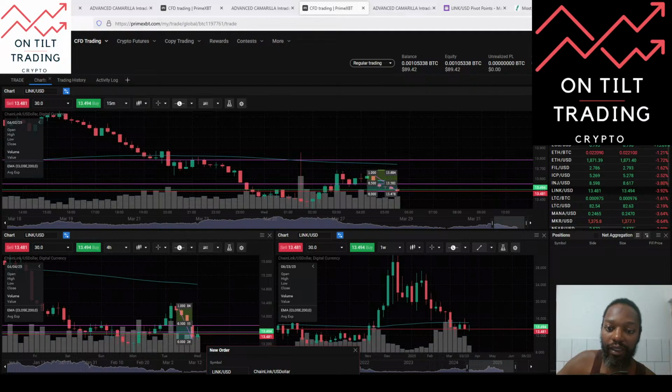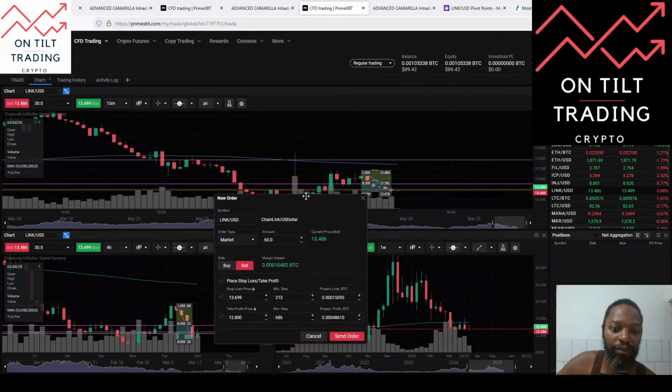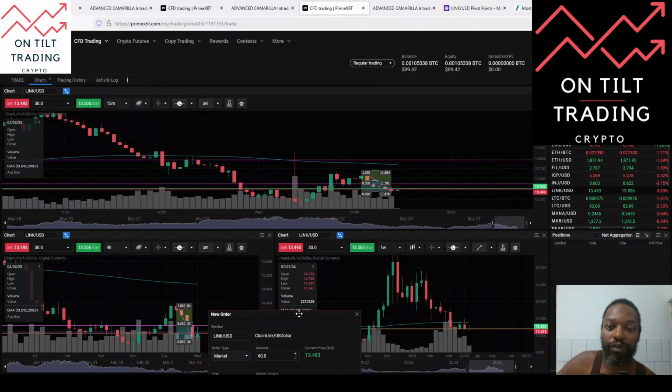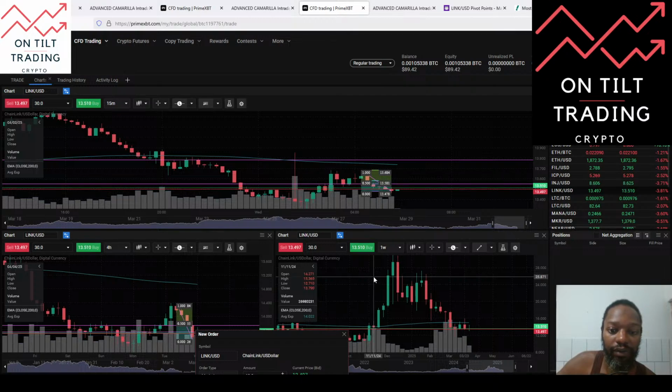So looking at the weekly, the next two levels that are here are this candle here and this candle here. My chosen price level of 1280 I believe is based off of this candle here. Right here, this candle here, the low is 1271.